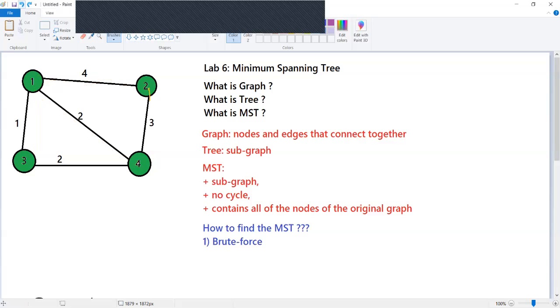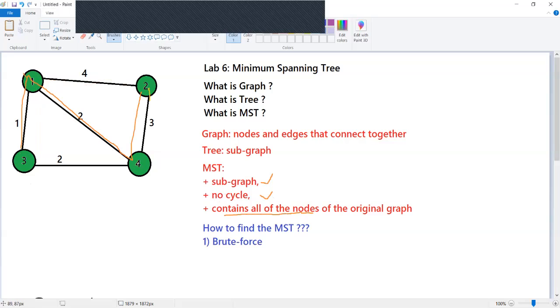So let's try the brute force way, for example. Let's say this one right here. Let's check the MST conditions. Is it a subgraph? Yes, because it's inside the original graph. And is there any cycle? It seems not, because it's going in one line. Does it contain all the nodes in the original graph?